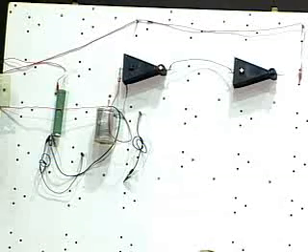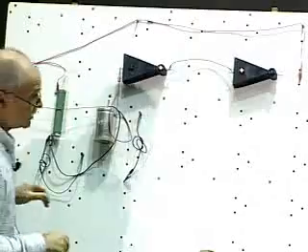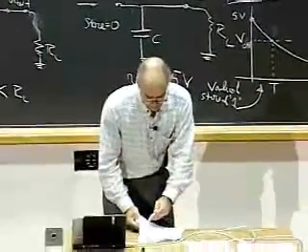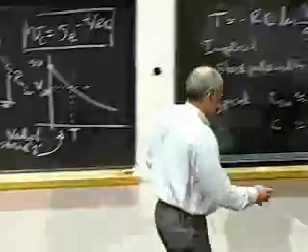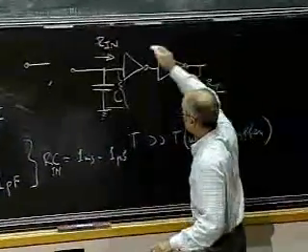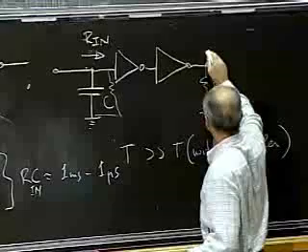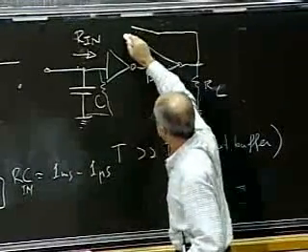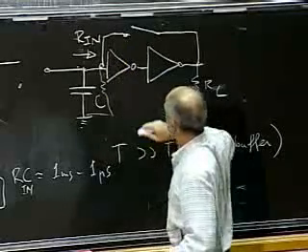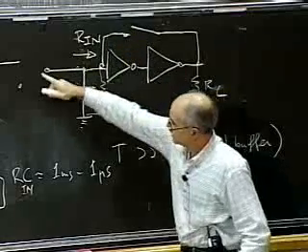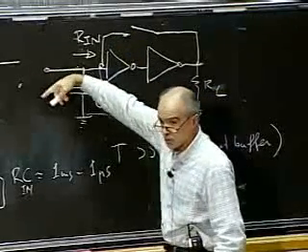Now notice, however, that there is something I can do here, which is that suppose I take the switch, or a switch, okay, and bring it back to, and provide a path from the output to the input here. And this switch is open when this is closed, and closed when this is open.